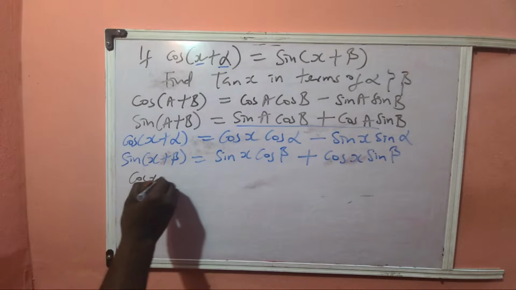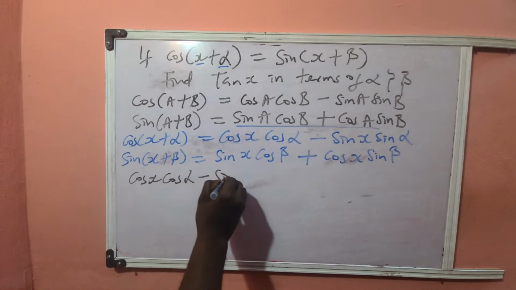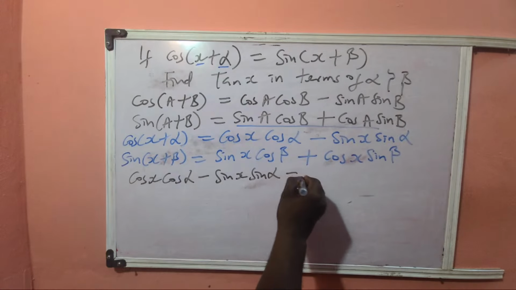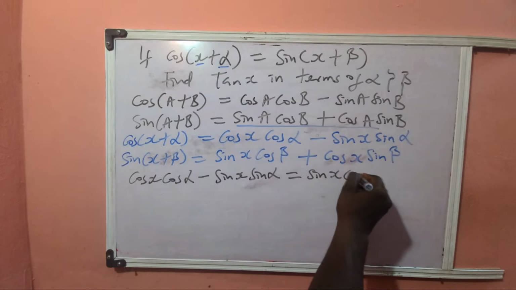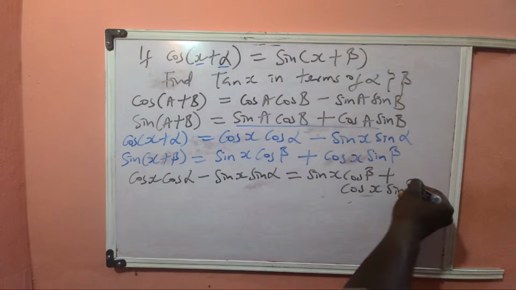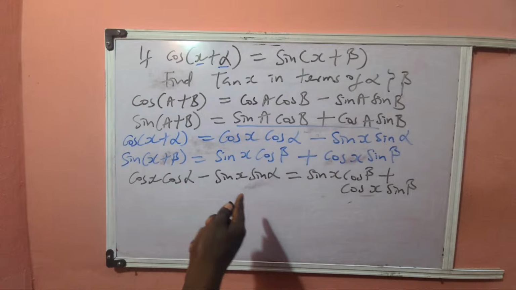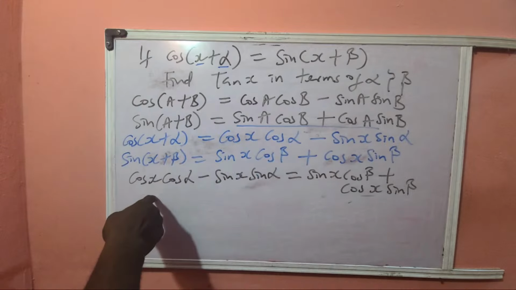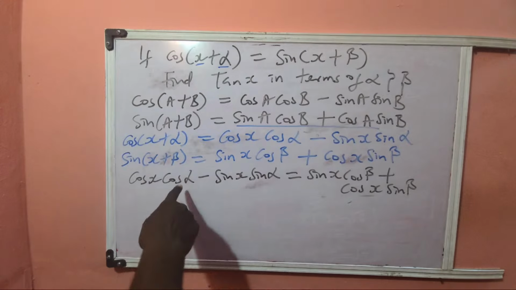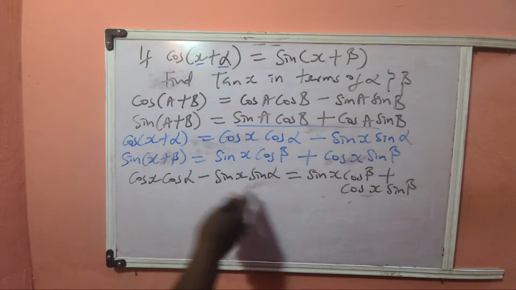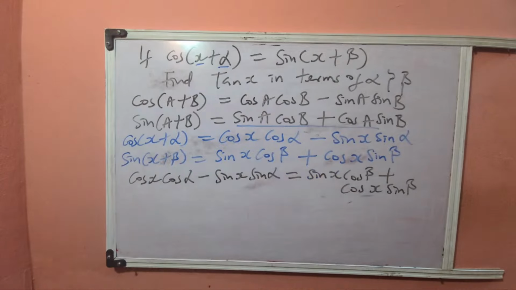So we have cos x cos alpha minus sine x sine alpha is equal to sine x cos beta plus cos x sine beta. So what we can do now is to try and group where we can see our sine x and where we can see our cos x. So let's try and fix all of the sine x to this side and all of the cos x to this side. Anyhow you want to do it, but I would love to move all the cos x here and then the sine x here.